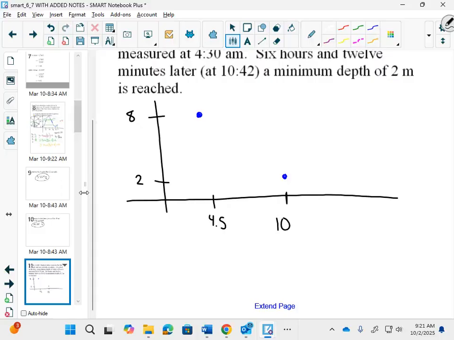How do you change 42 minutes to a decimal? 30 minutes is 0.5. 15 minutes would be 0.25. 42, how would you figure that out? It's 10 point something.